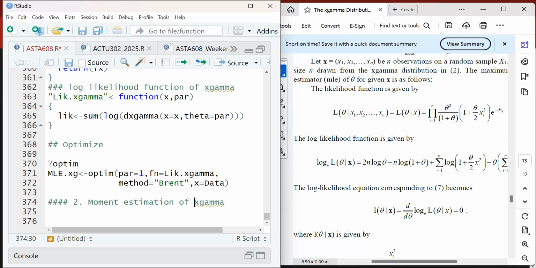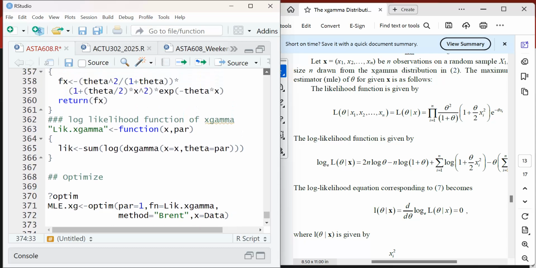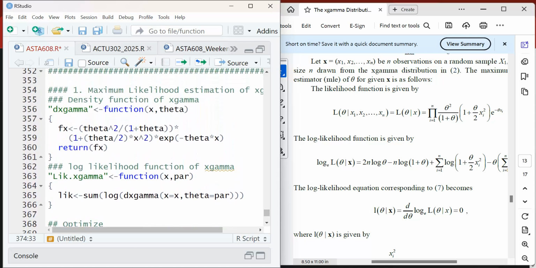But this one is a moment estimation. I should go up.